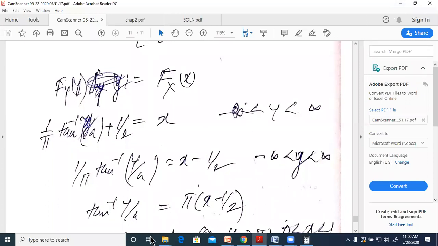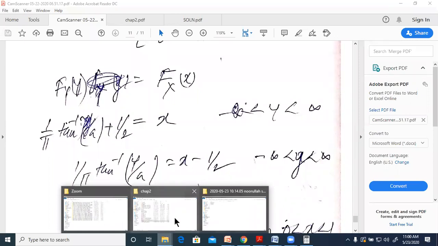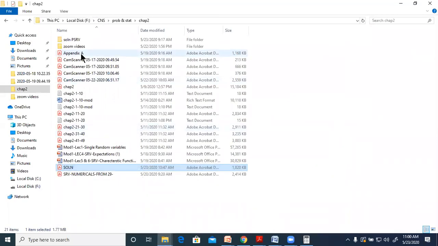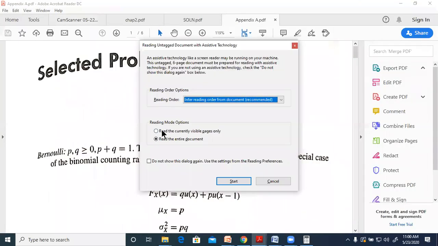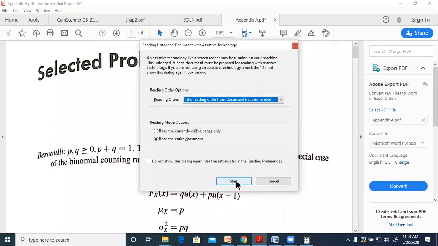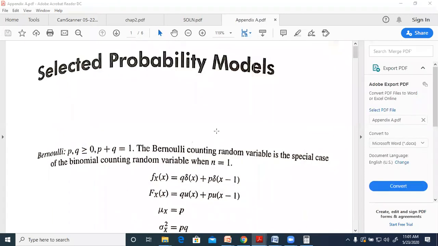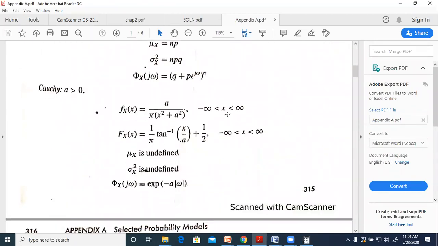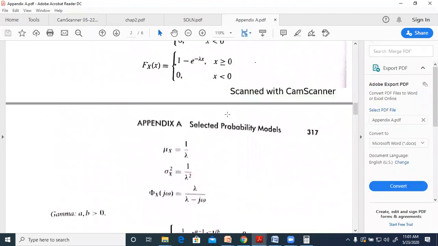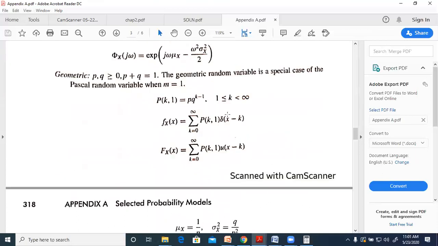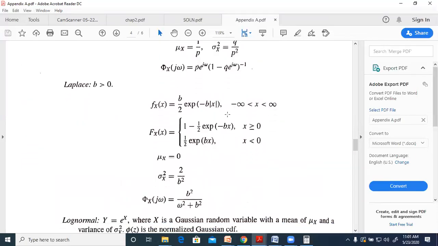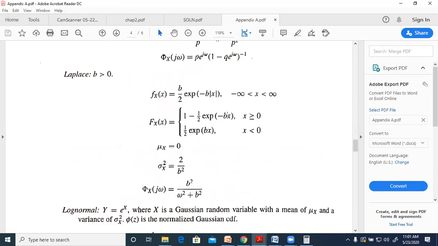Let us see whether we have that. Yes, appendix A is here. Laplace, Gaussian. Okay, this is the one which we are considering over here.